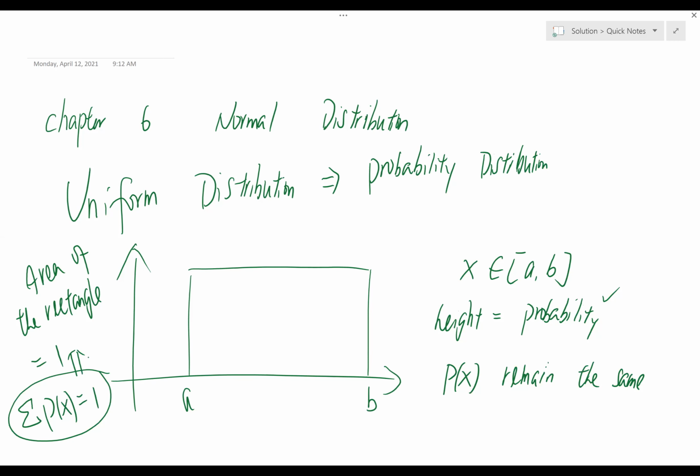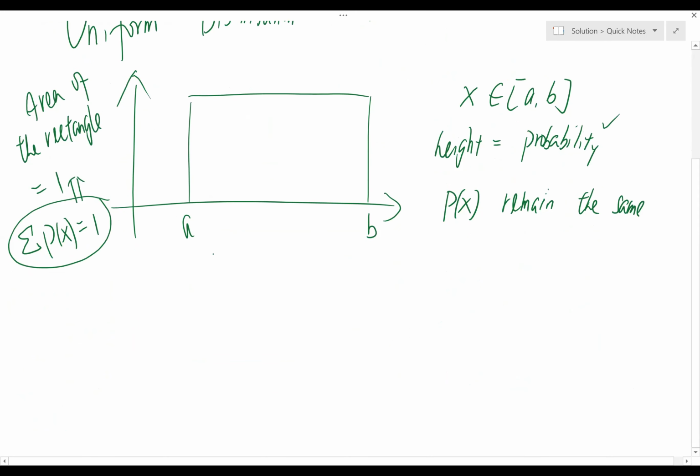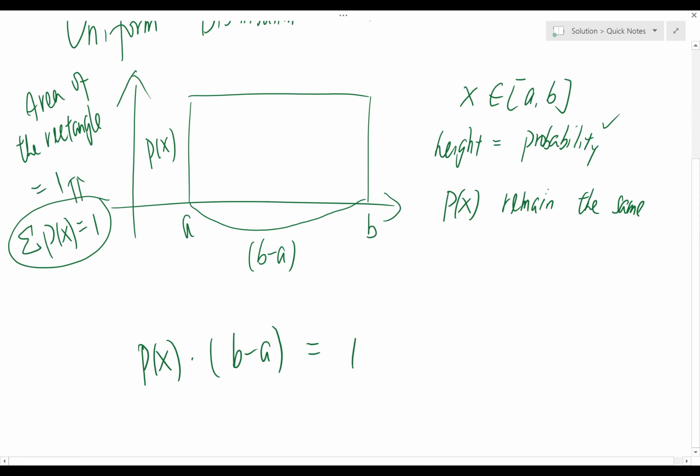If the total area equals 1, then we can express the height, the probability, using A and B. The base here should be B minus A, and we're assuming this height is the probability of X. So probability of X times B minus A equals total probability, which equals 1.